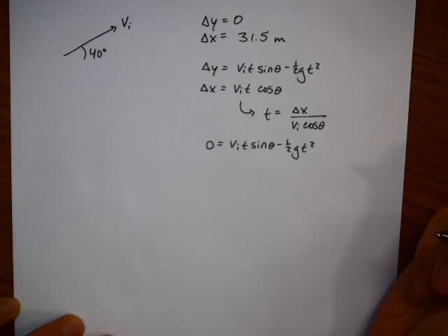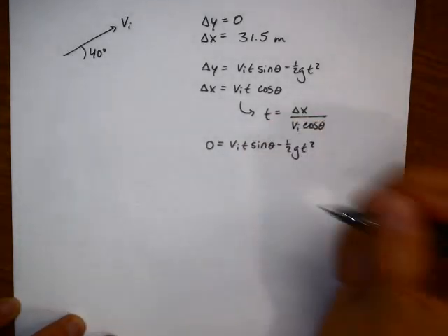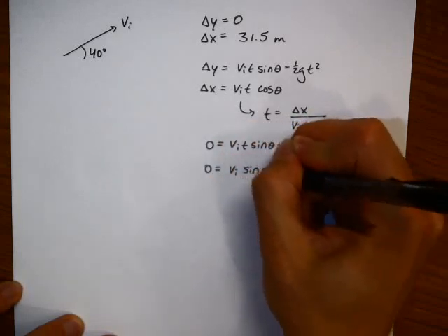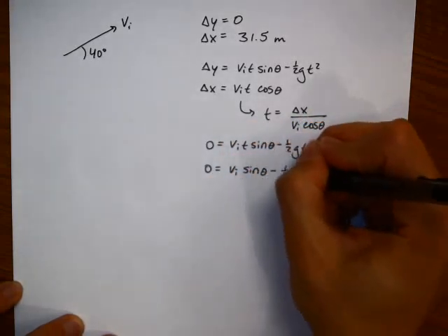Let's see here. Let's cancel a t from every term. We get 0 equals Vi sine theta minus 1/2 gt.